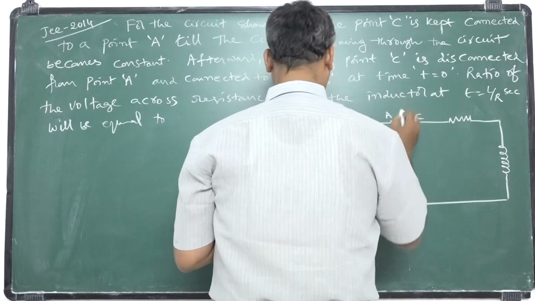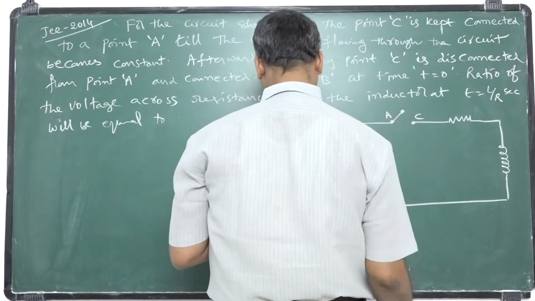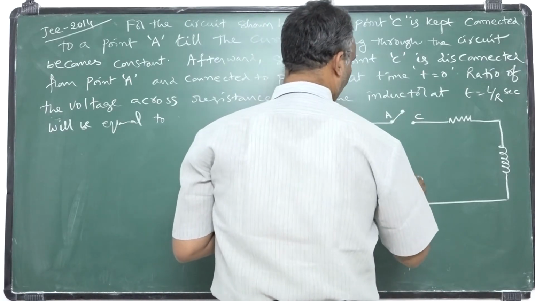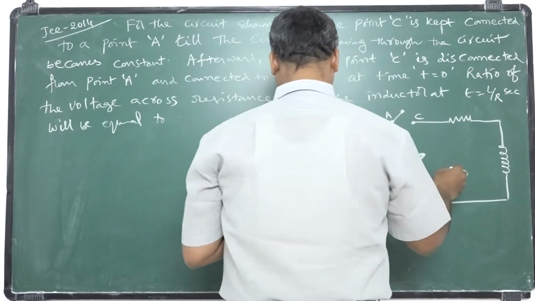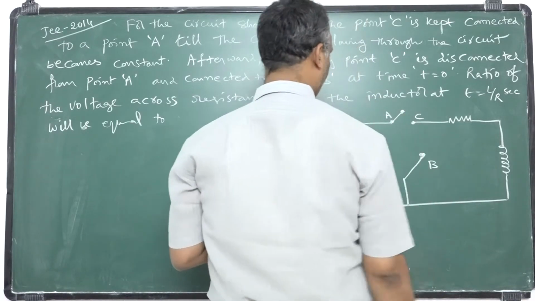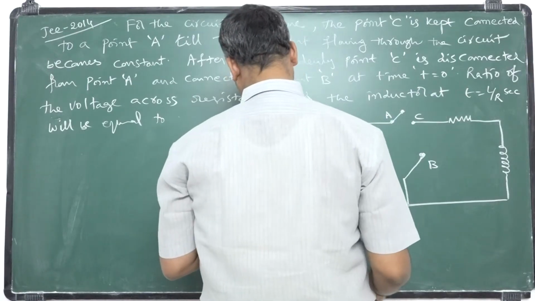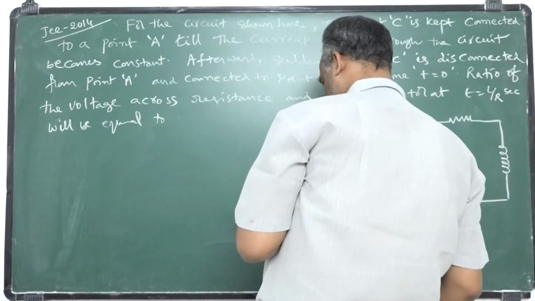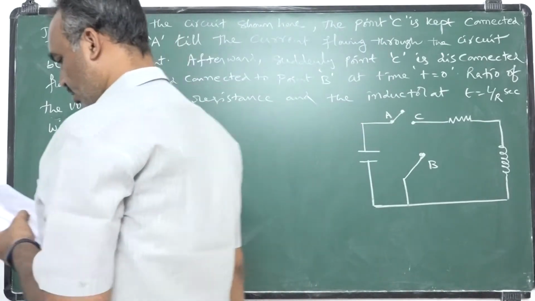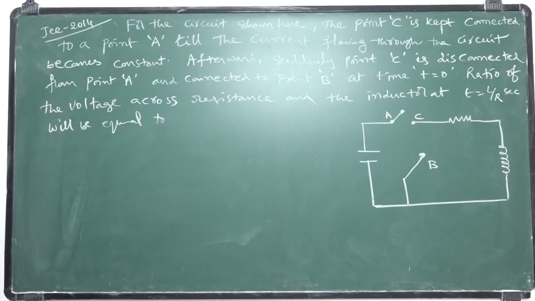Here is a key. This key is connected to C first, then it is connected to B. Here the name of B is given. So, this is the question. We need to have the solution for this question.